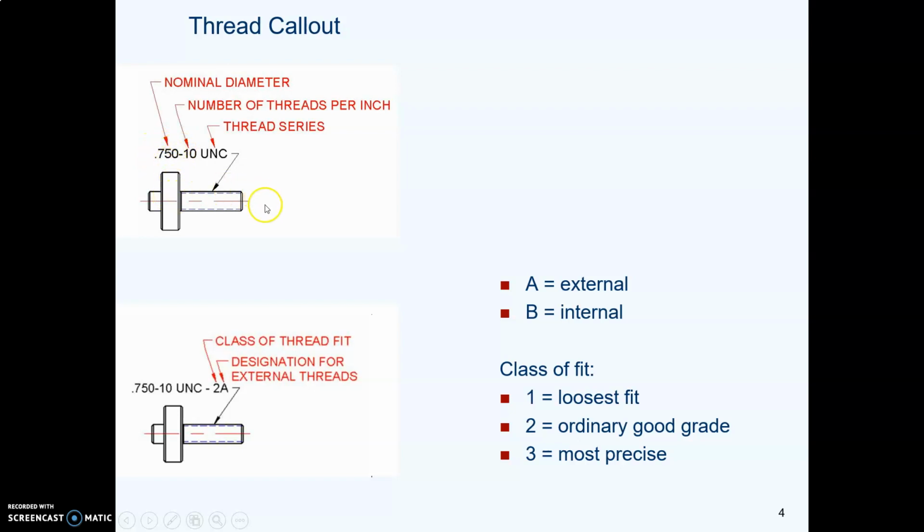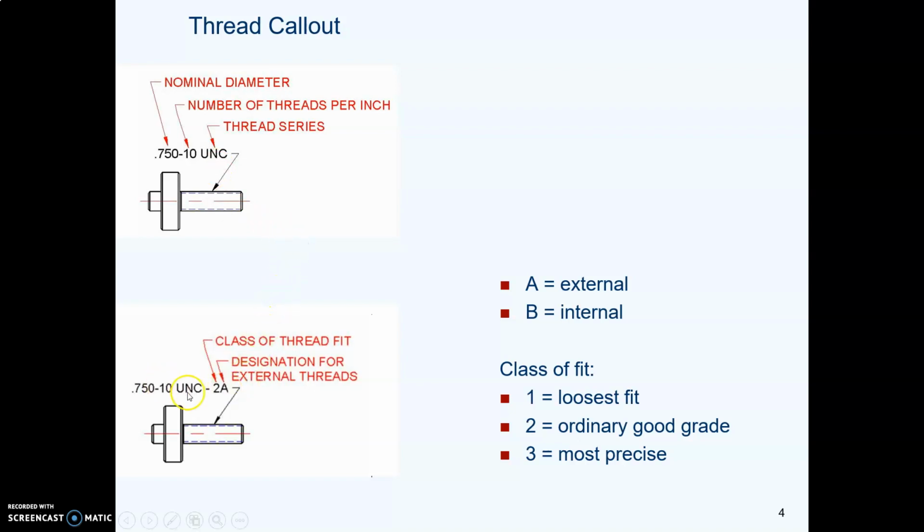So this bolt here started out with a 3/4 inch diameter round thing. So there's the size of the round thing. Then dash, then number of threads per inch. Then a space, then the series, whether it's Unified National Coarse or Unified National Fine.